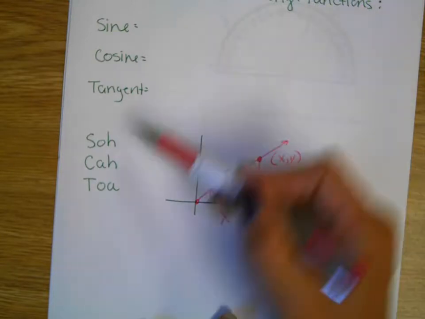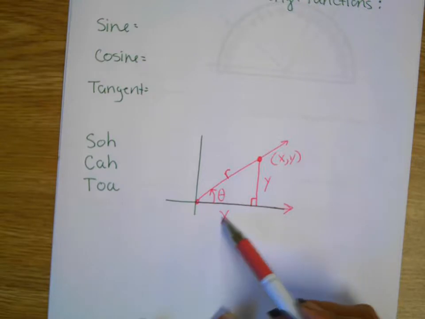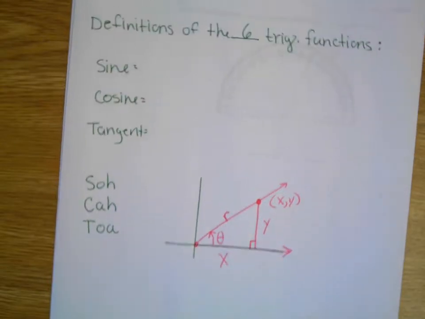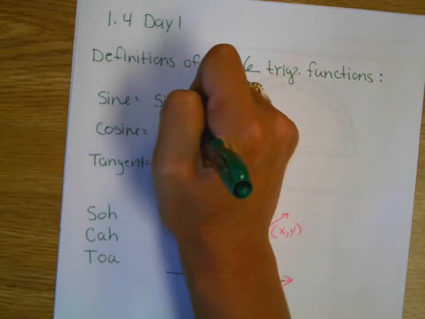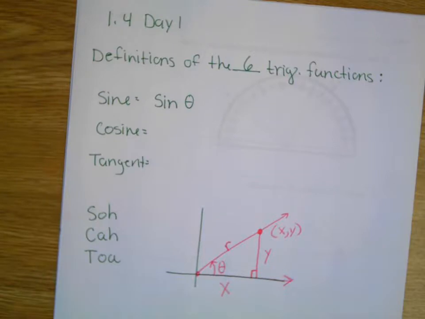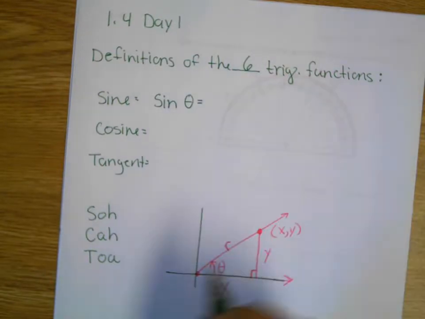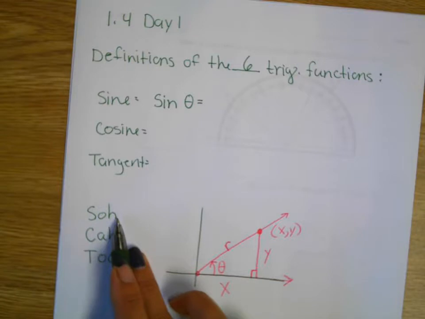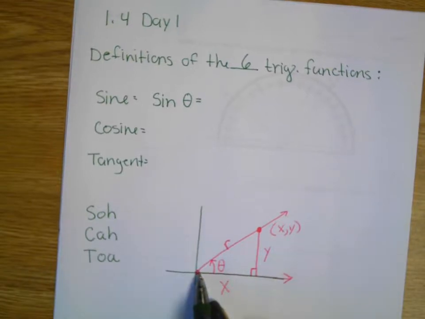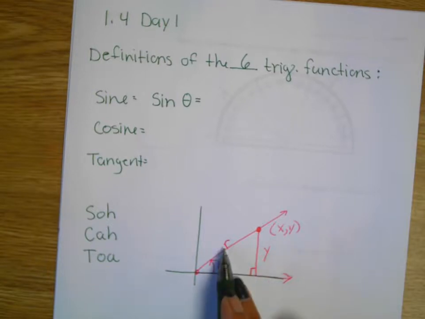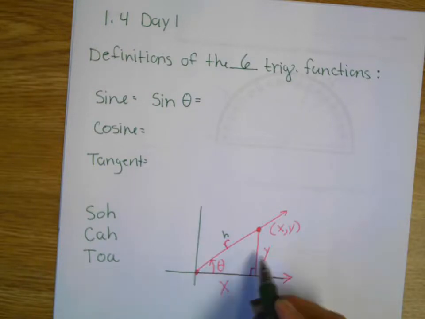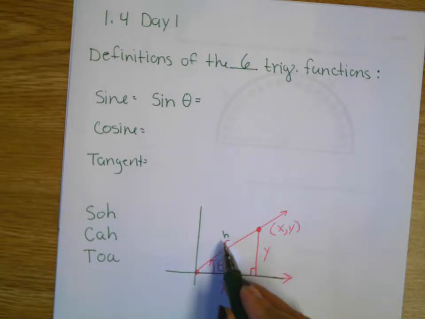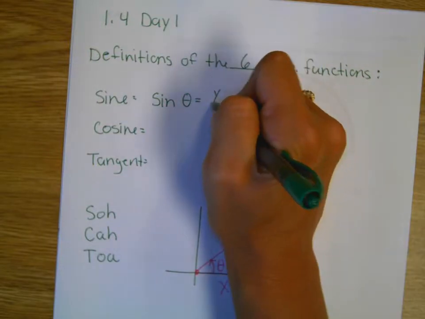Now we go back up and give our SOHCAHTOA definitions with x, y, and r, using our abbreviations. Sine is abbreviated SIN. It's still opposite over hypotenuse. What's on the opposite side of my triangle? y. And on the hypotenuse? r. So sine is y over r.